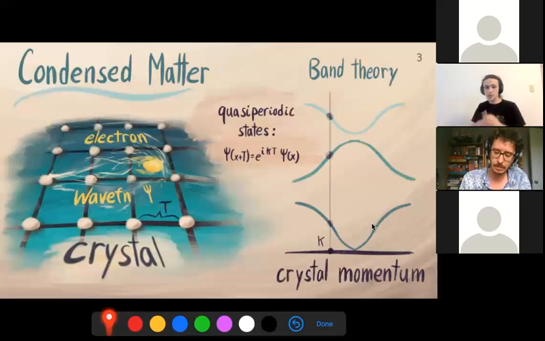Then once we split into these states, we can ask, for all of the states with this given quasi-periodicity, what are the energies? And then we can plot those energies over the space of crystal momenta, and we get a band theory. Physicists have gotten very, very good at this over the last almost century since Bloch found his theorem.